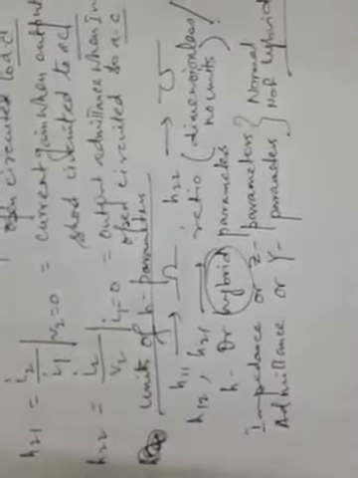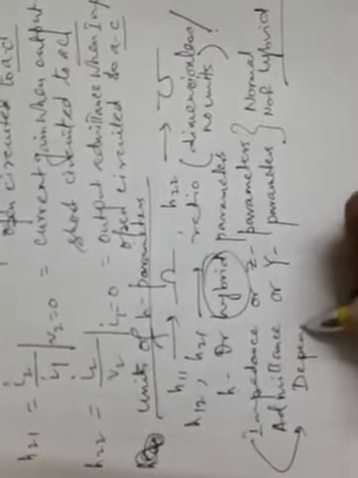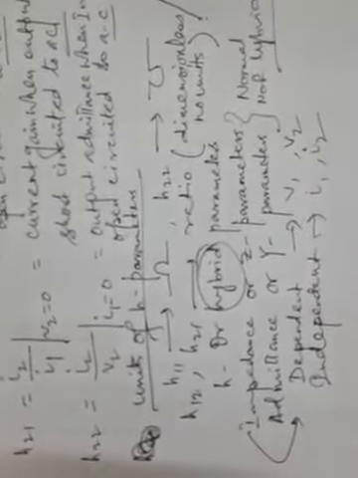For Z parameters, the dependent variables would be V1 and V2, the voltages, and the independent variables are I1 and I2, the currents.